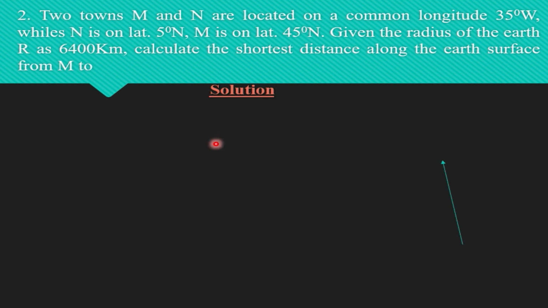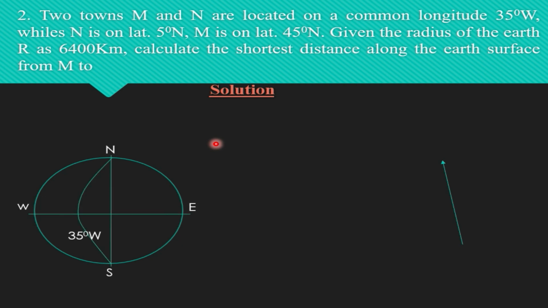Alright, we get a solution. The first step, remember, we draw the circle. Get your 35 degrees west. So 35 degrees west, that's what you have drawn. It is the western side. Remember, if it's north or south, north should be on the top and south should be down. But when we are talking about east, it should be this way and west should be this.